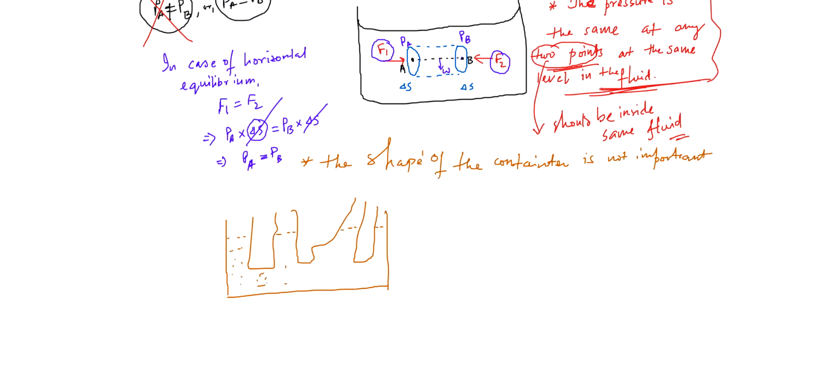Okay, suppose here is some fluid. Now suppose you have a point A here, a point B at the same horizontal level, a point C here at the same horizontal level, and a point D here. As A, B, C, D are at the same horizontal level, PA is equal to PB is equal to PC is equal to PD.